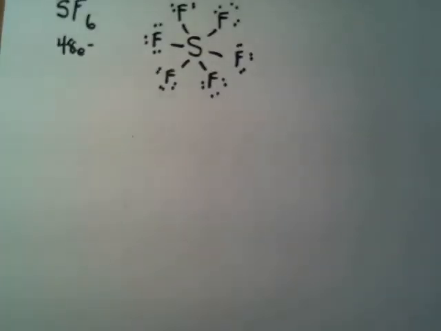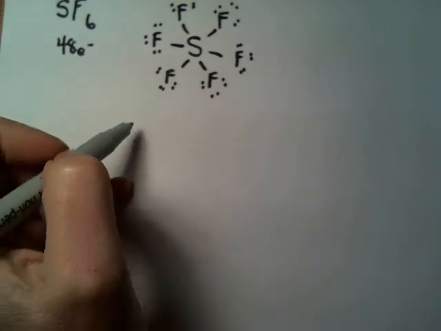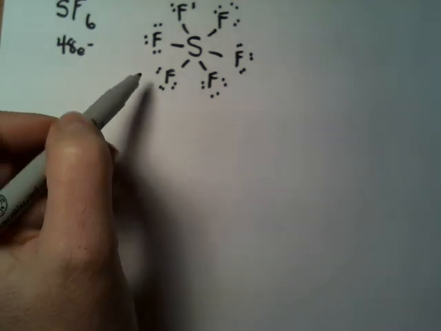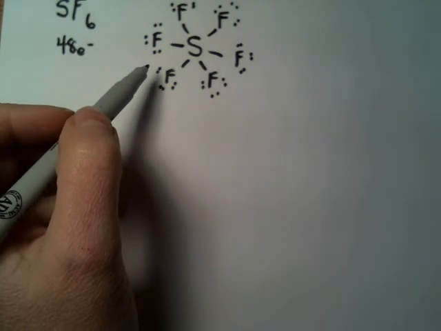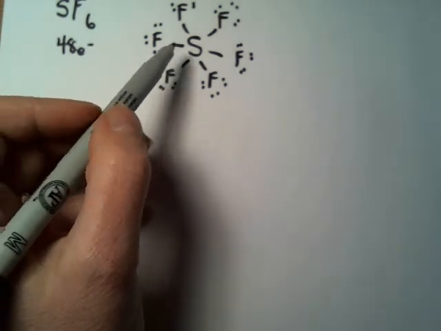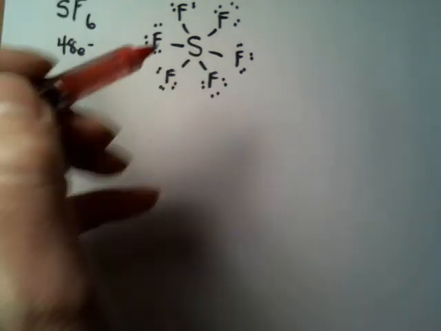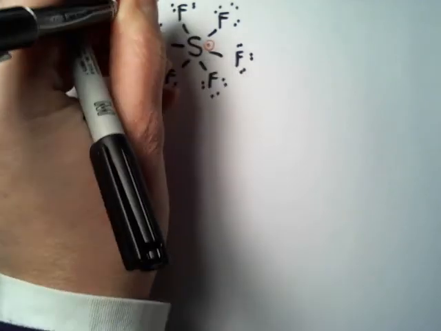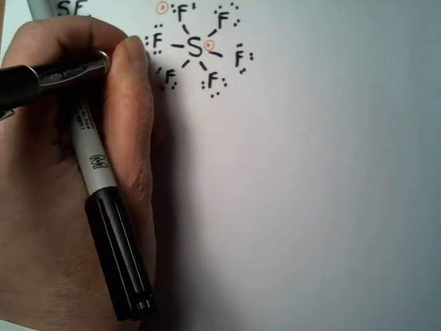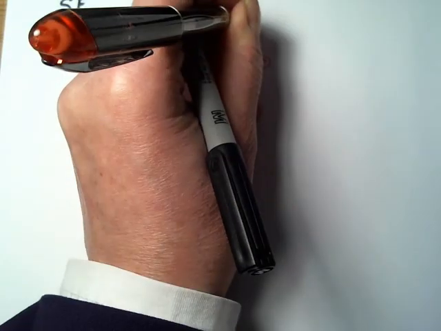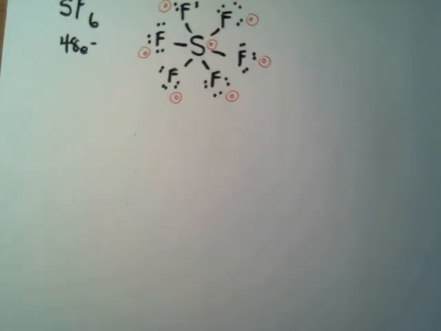Okay, they're getting impatient. 48. Wow. So what is the formal charge on sulfur here? Sulfur starts with 6 valence, so it's 6 minus 1, 2, 3, 4, 5, 6. It's actually 0. Everything is 0. So this is the one, the only, the best Lewis structure for SF6.